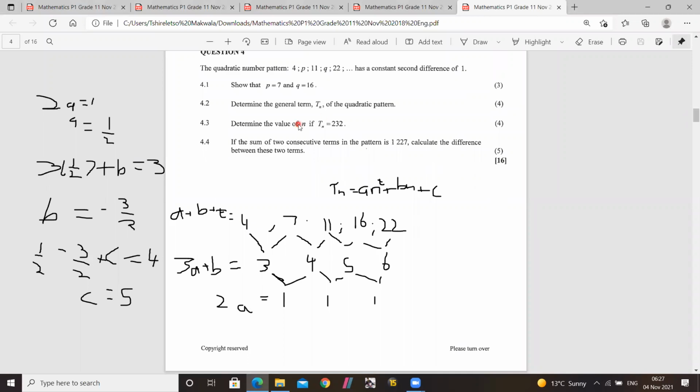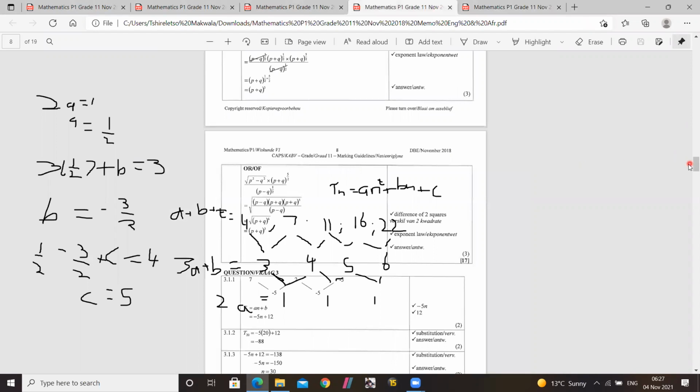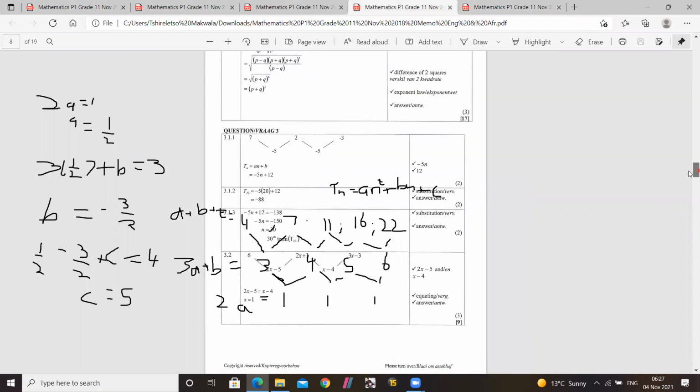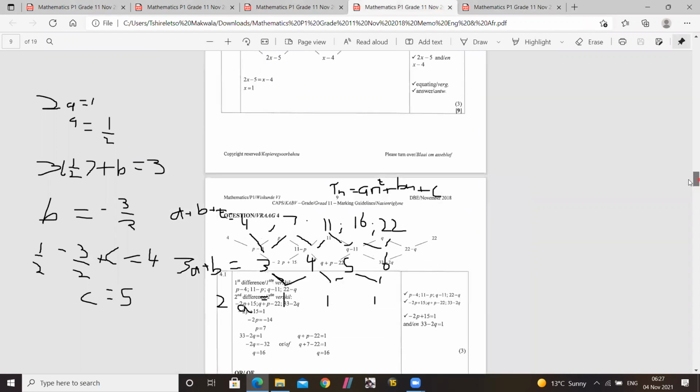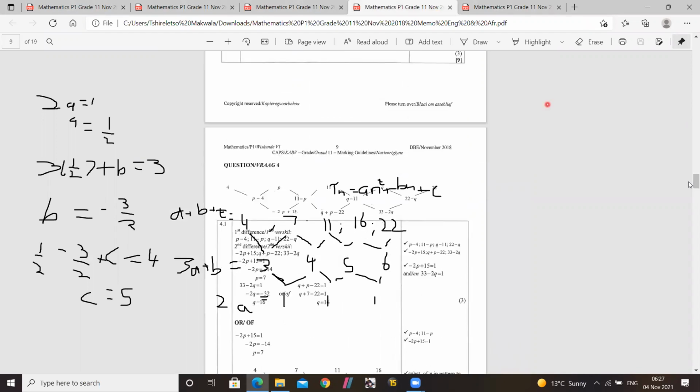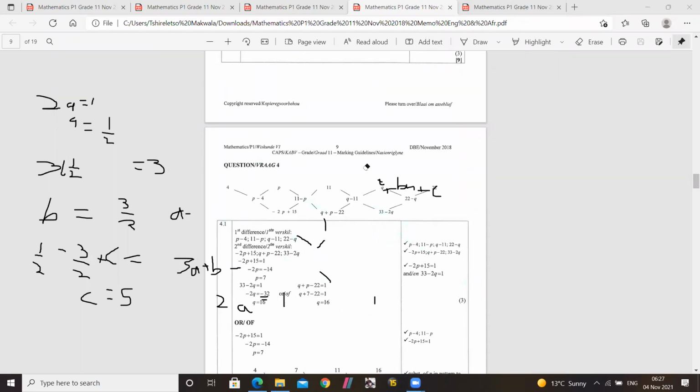Then they said determine the value of n. Okay, let's just go to the memo. So this is the first one they did here.